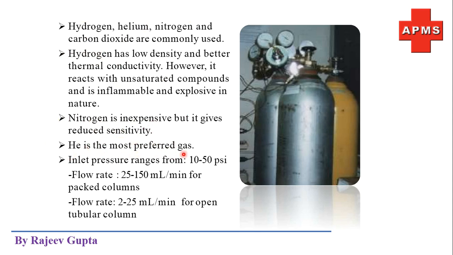Helium is the most preferred gas. Why is helium the most preferred gas? Because helium's thermal conductivity is very similar to hydrogen. Also, it is a very low density gas. It also does not react with any organic molecule or sample even at elevated temperature, because it is a completely inert gas.